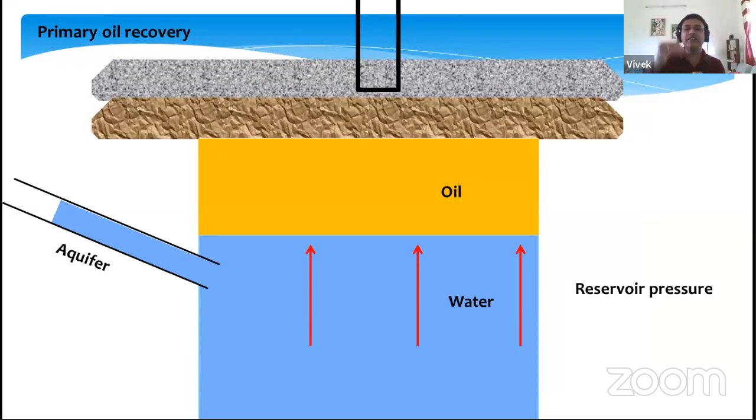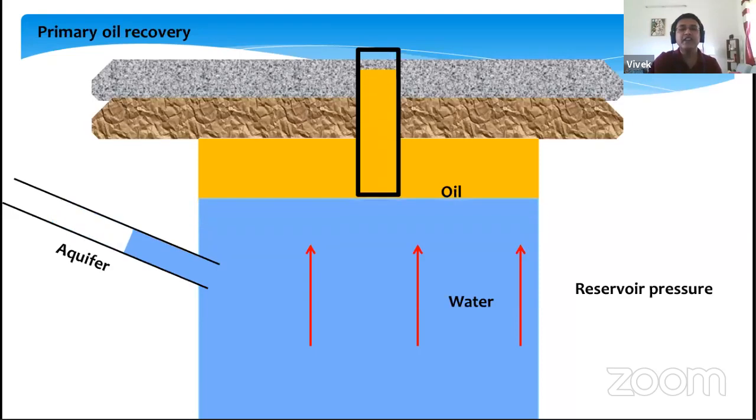This is how primary oil recovery works. As soon as you drill a hole beneath the earth and reach the place where crude oil is present, the initial fraction of oil gushes outside, resulting from the natural reservoir pressure. So you don't have to invest any energy to bring out the initial fraction of oil, about 10 to 20%.